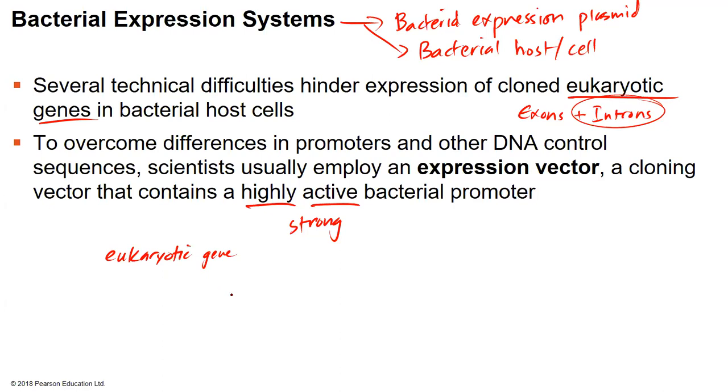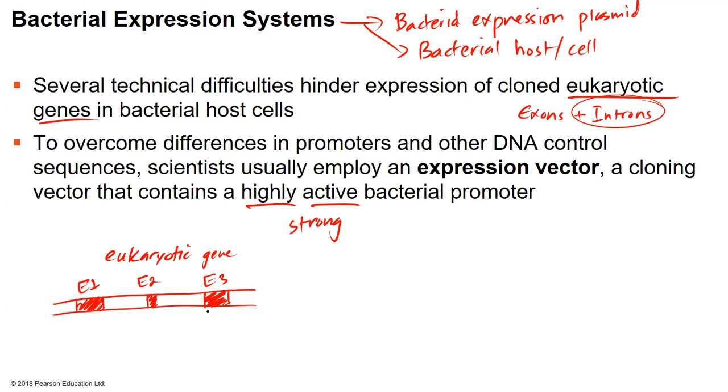Okay, so we have a eukaryotic gene, for example. And this eukaryotic gene is made of, let's say, exons and introns. So we have exon 1, exon 2, exon 3.